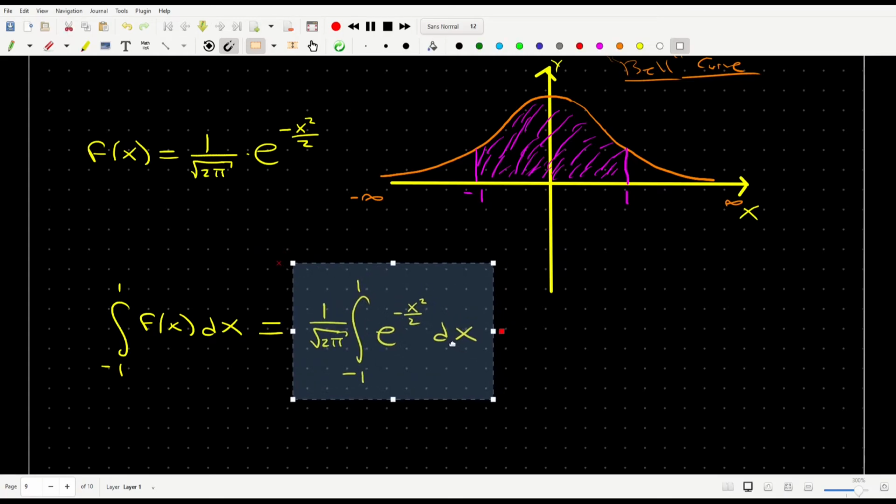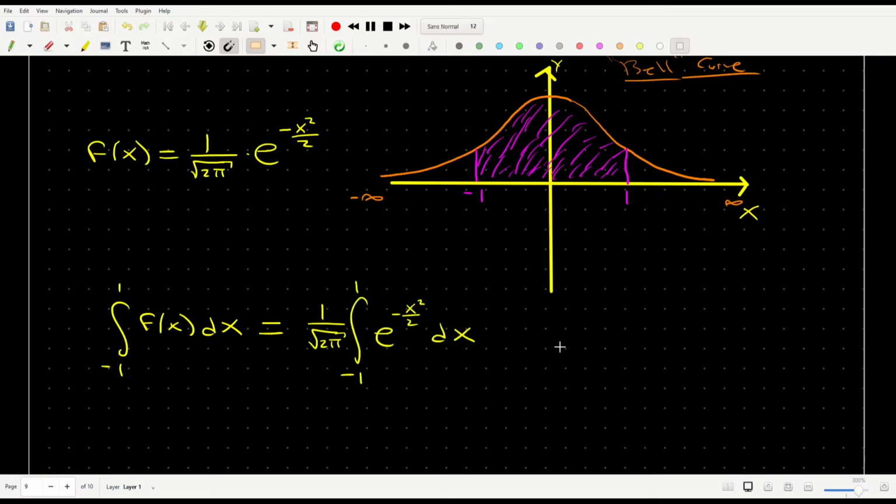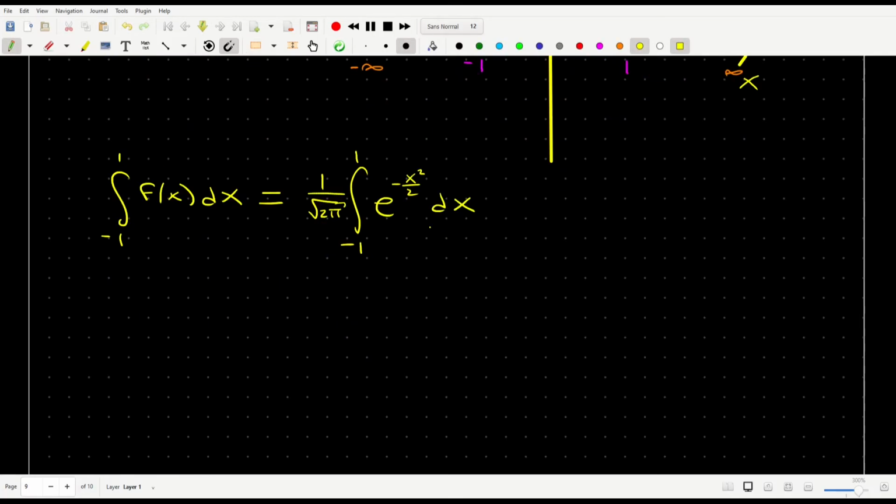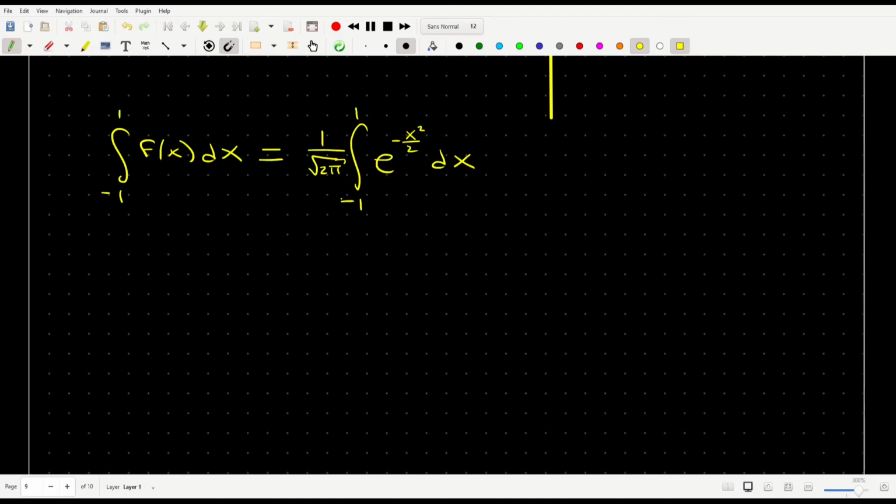How do we evaluate this? Before, it might have been unclear what to do, but what you can hopefully see is that if we can find a Taylor series expansion for the function e to the negative x squared over 2, we can just plug this Taylor series expansion in here and integrate term by term to get an infinite series that converges to whatever the value is.